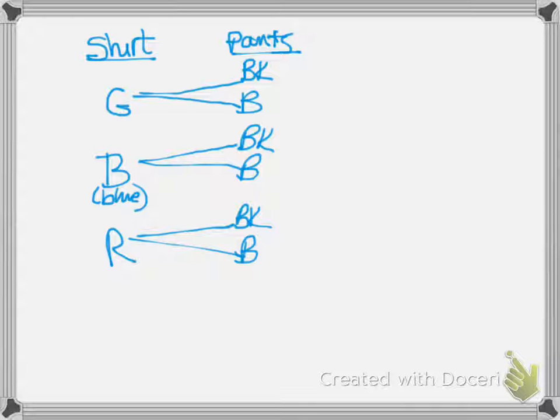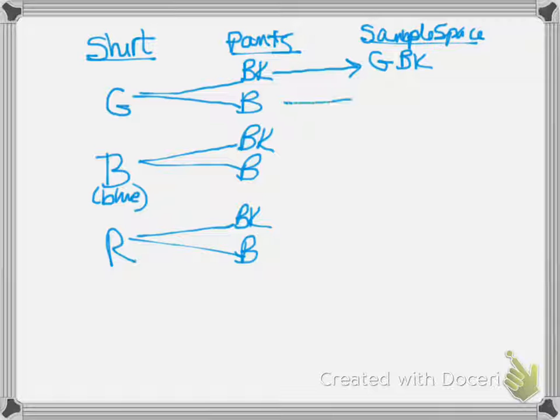Now, over here is my sample space. If I go from green shirt and black pants, I would have G, BK, green and black. What's my next one? GB, green and blue.